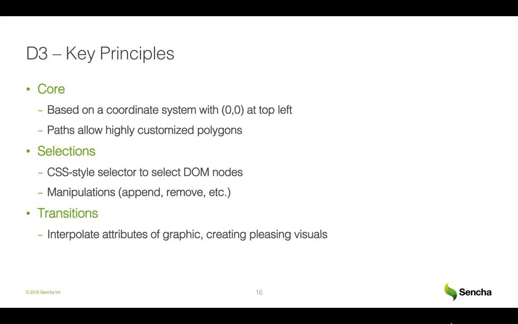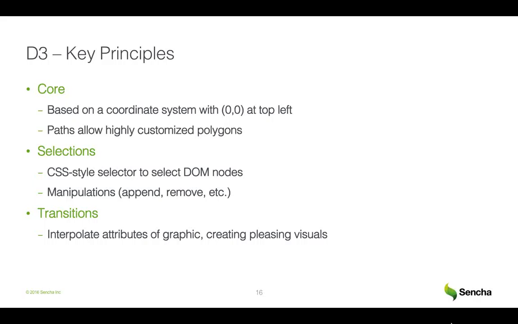So some of the core principles of D3 that one should be aware of is that at its core, D3 is based on a coordinate system, which starts at the top left, and also paths that allow you to create highly customized polygons, unlike the regular charts and graphs, which are very, very specific and which don't really span complexities that you see in the D3 land.